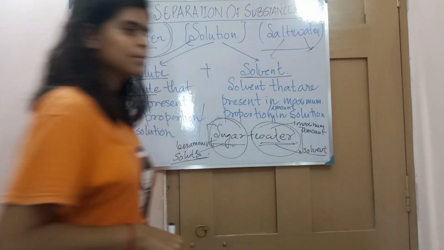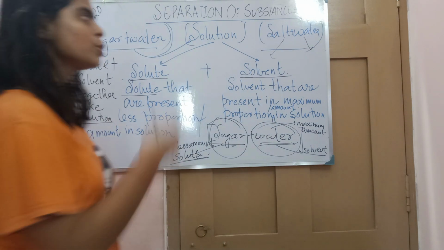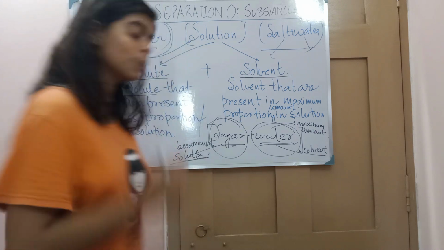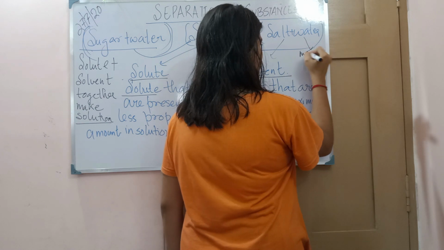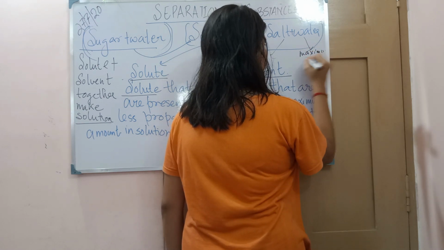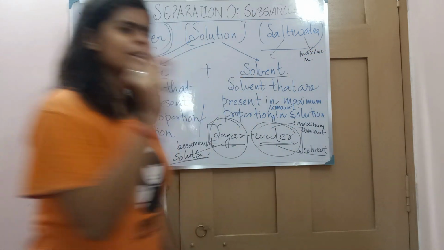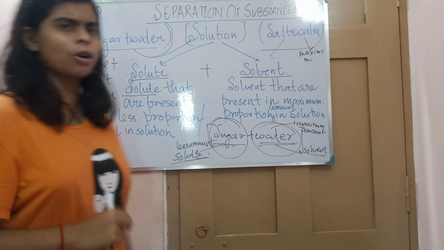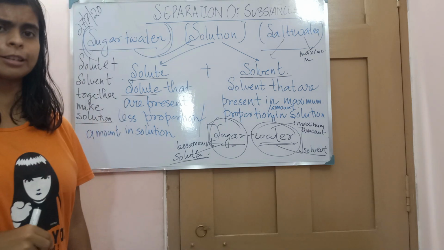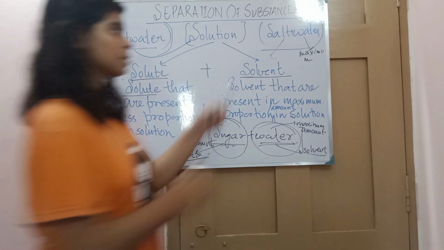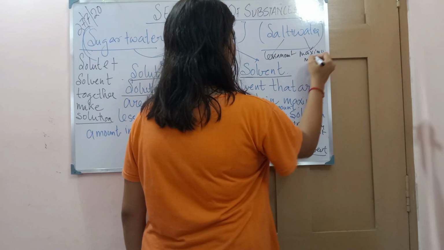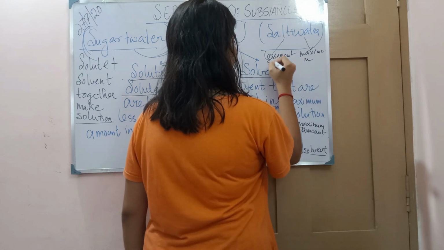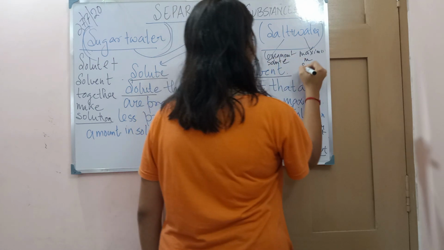Which component do we add in the maximum amount? Water. We take one glass of water and only a teaspoon, a small amount of salt. So salt is present in a lesser amount, so it is called the solute, and water is called the solvent.